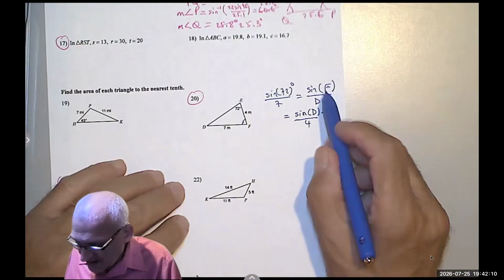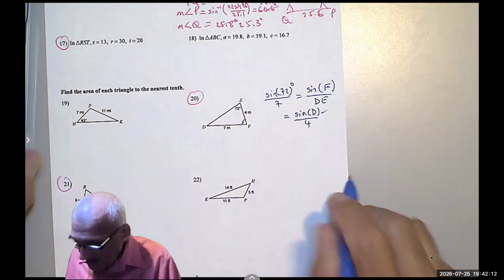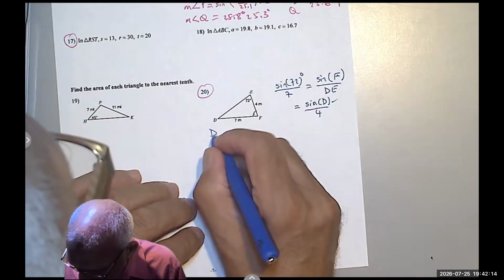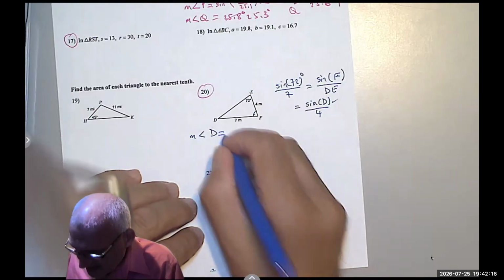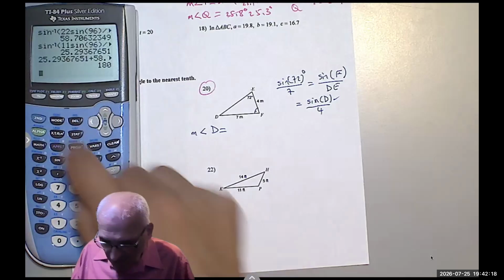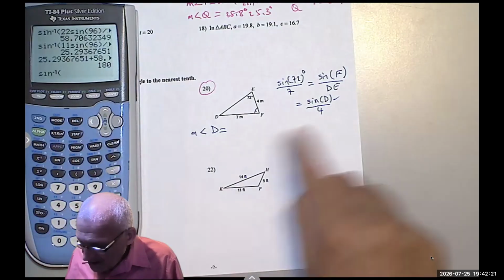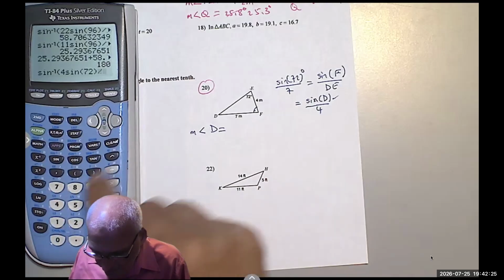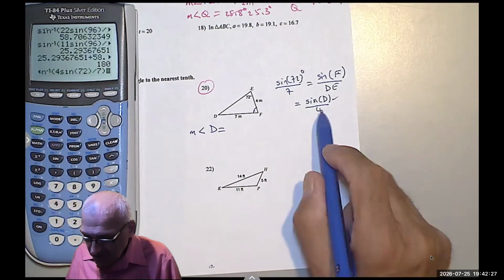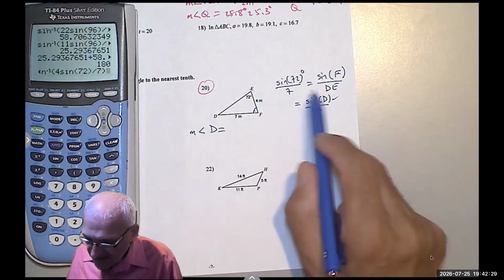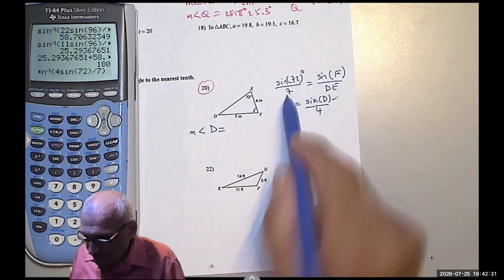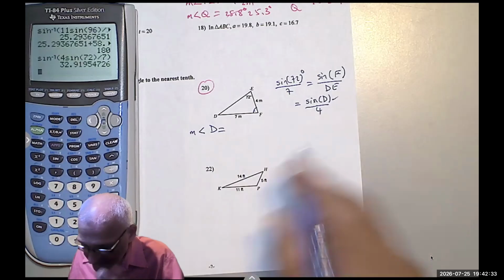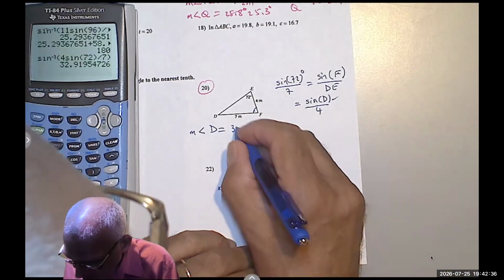So first of all, the measure of angle D equals inverse sine 4 sine 72 over 7. 4 sine 72 divided by 7. And that gives me 32.9.